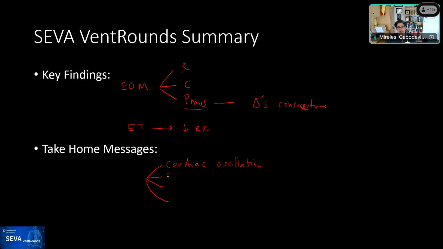There's also fluid in the circuit, which is the case that we saw here, as well as secretions in the airway or in the ET tube. And for both of them, the oscillations disappear when you stop the flow, which is not what happens with cardiac oscillations. And finally, excessive airway collapse, in which you usually have high frequency oscillations and then they stop. We've had a case here on VentRounds, but we should put one more.